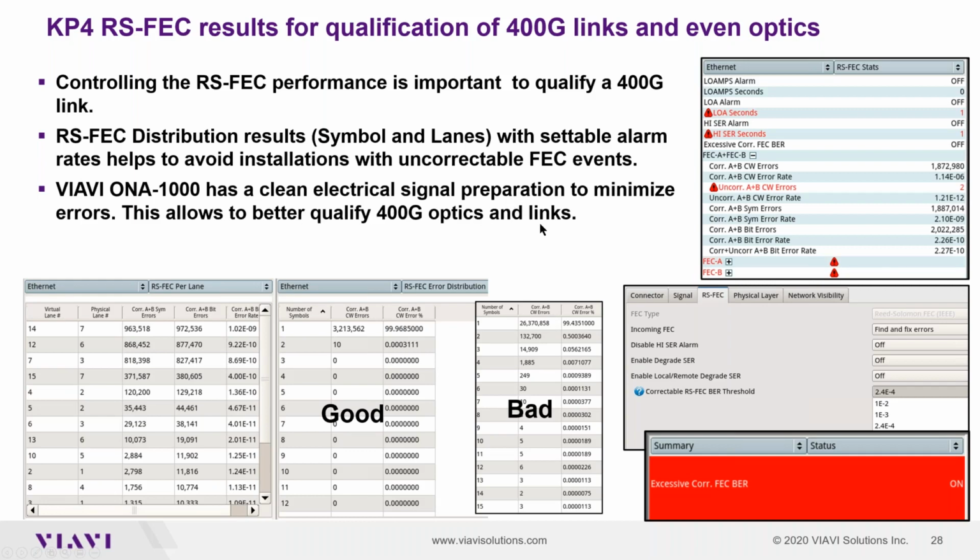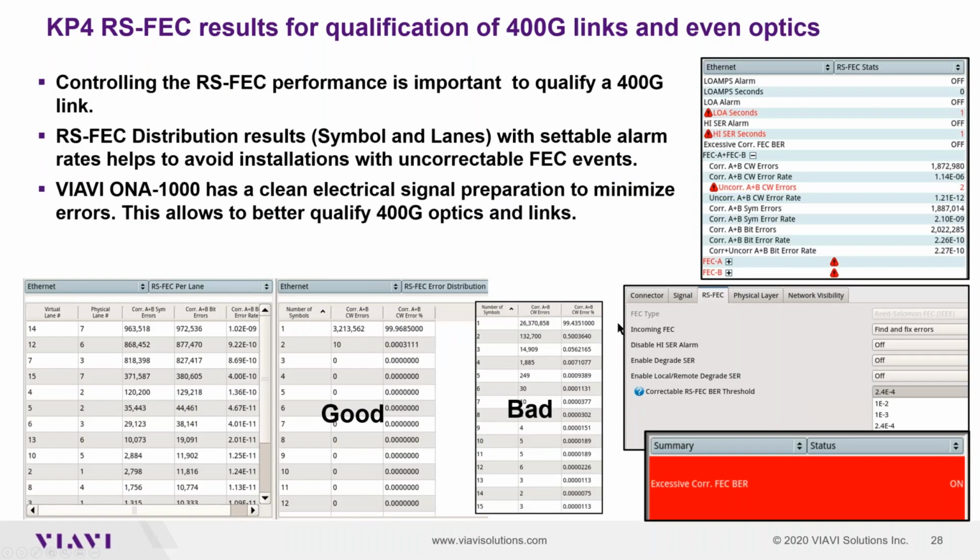So internally it's introducing more or less no errors, to be able to qualify plugged-in optics or to qualify connected links. And you can, of course, set thresholds for when you want an alarm, if the error ratio rate of the correctable errors is above the threshold. This is all possible.